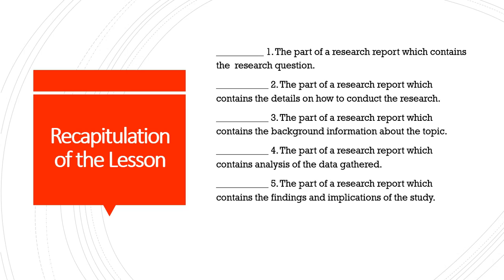Number 4, analysis of the data gathered. Therefore, it will be in results and discussion. Number 5, findings and implications of the study. Basing on the IMRAD, it can still be found in the results and discussion.